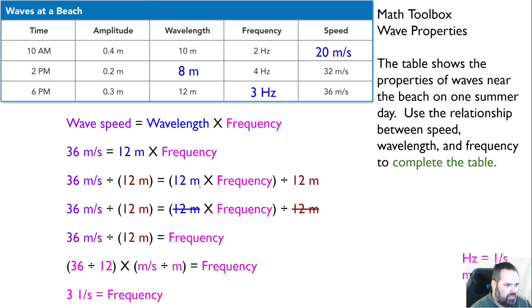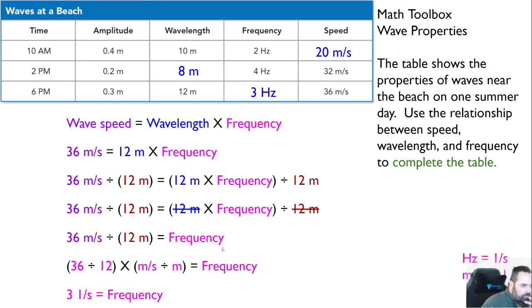We're going to eliminate the 12 meters from this side so we can isolate frequency. So we're going to divide this side by 12 meters. If we do that on the right side, we want to do it on the left side too. So we're going to divide both sides by 12 meters. Okay. So we're going to cross out the 12 meters on the right. That's going to simplify our equation to 36 meters per second divided by 12 meters equals frequency.